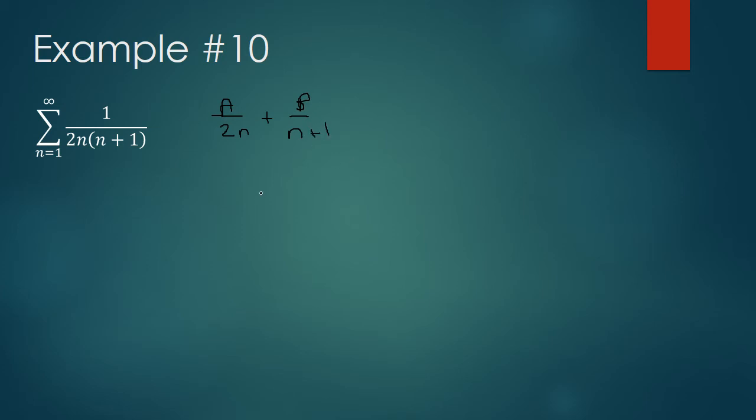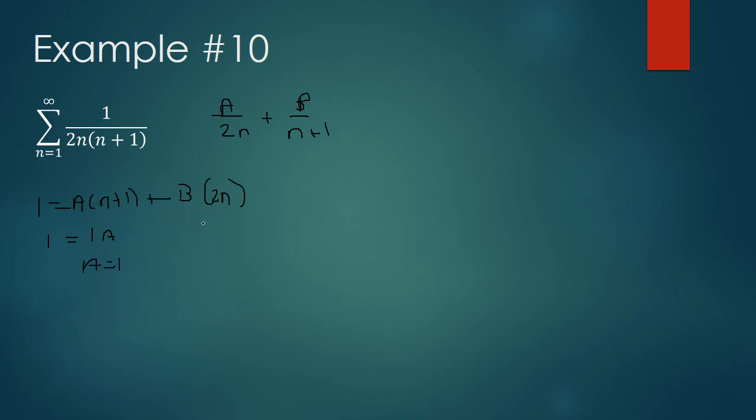Okay, so now we're going to do our basic equation. So that's 1 equals A times n plus 1 plus B times 2n. I'm going to let n equal 0. So that's 1A equals 1. So A is equal to 1.